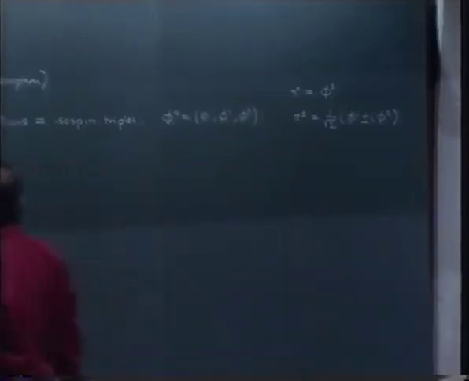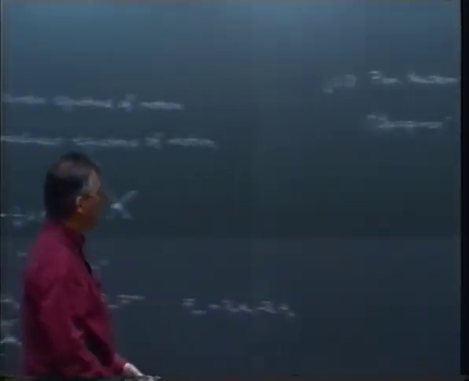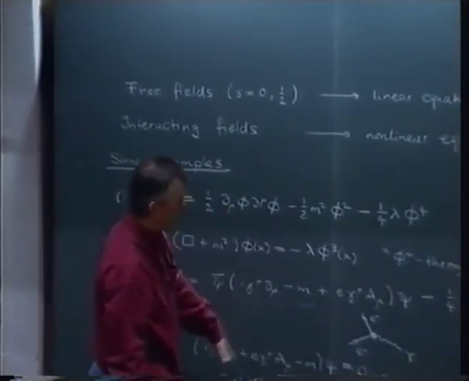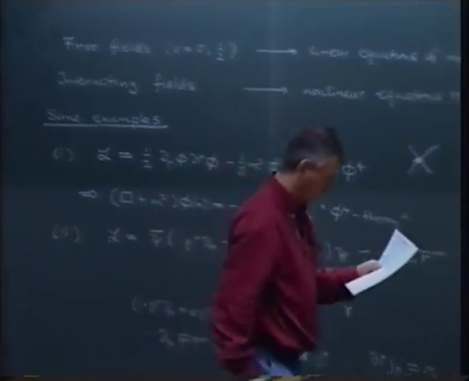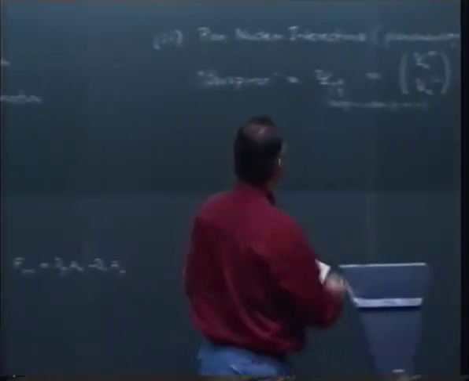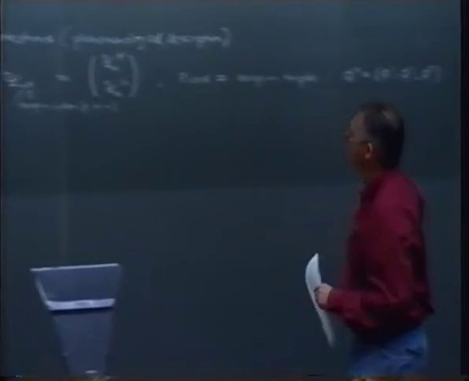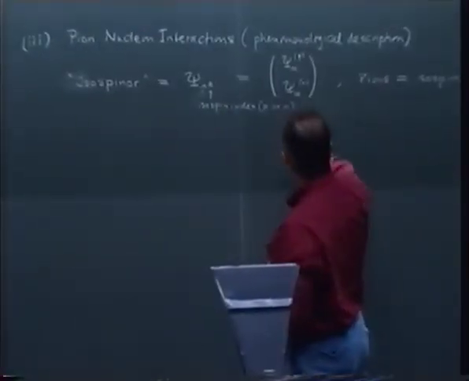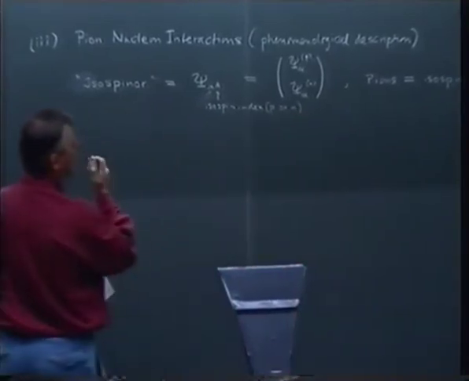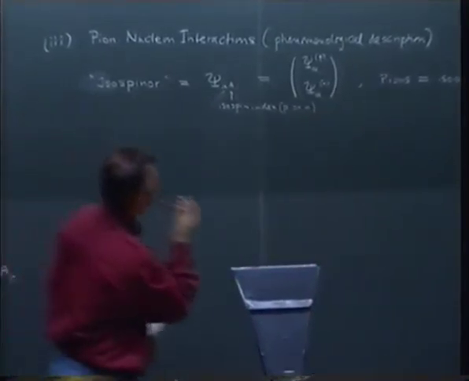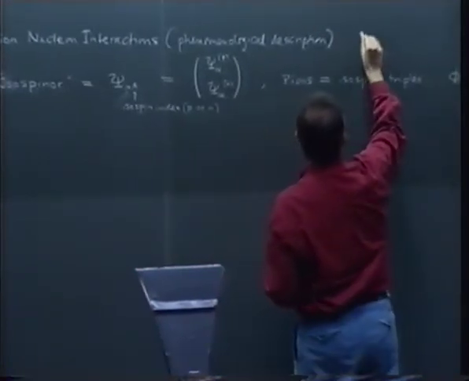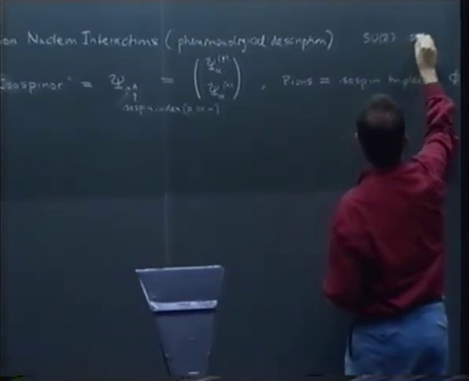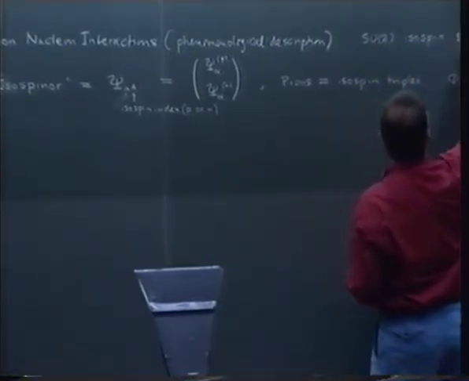So, we can again write down a Lagrangian, and of course it will contain these pieces corresponding to the 3 Lagrangians. So this I will no longer write down because it's the same as before. But we now want to write an interaction that respects this isospin SU2 symmetry.